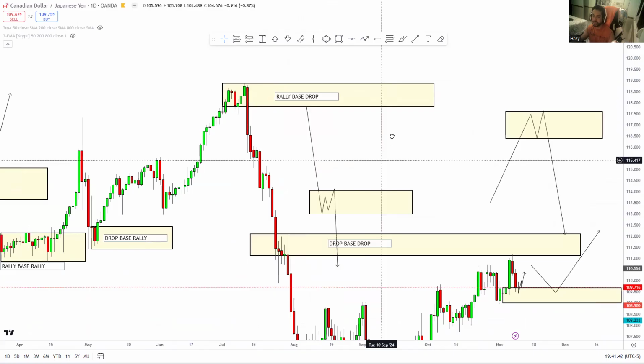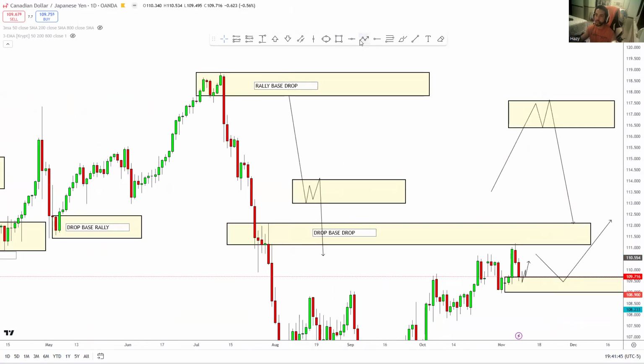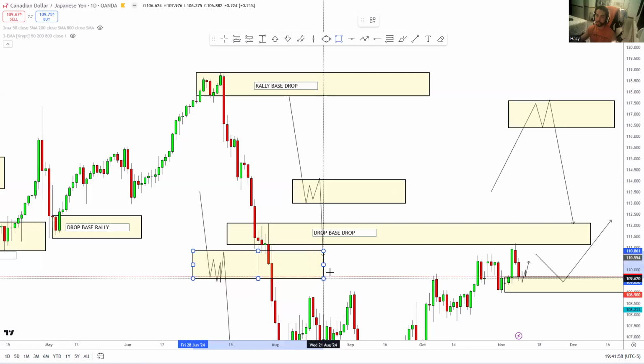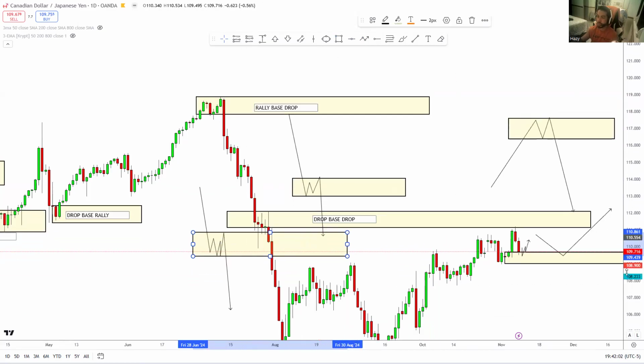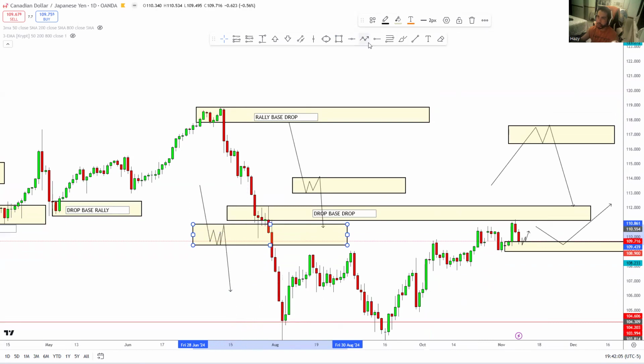Now the last example, it's a drop. Then we have these indecisive candles right here, and then we have this explosive move to the downside. And we can see that here's our supply zone.